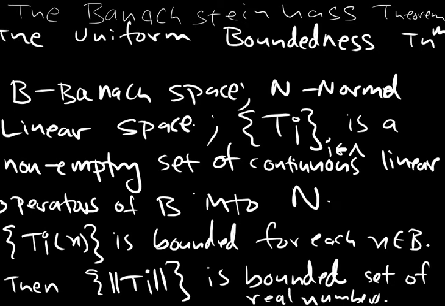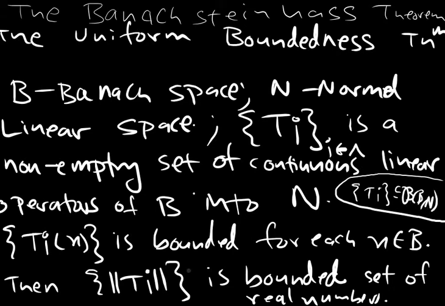That is, the set Ti is bounded. So what does that mean? The set Ti, as a subset of bounded linear maps from B to N, would be a bounded set.